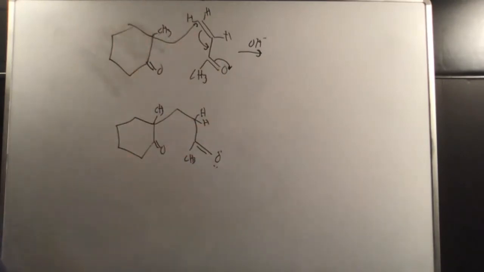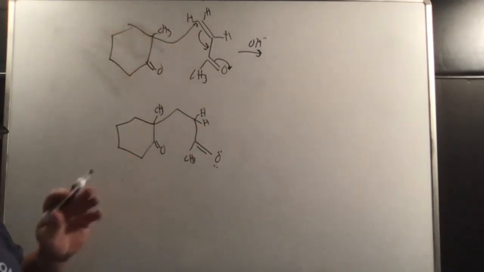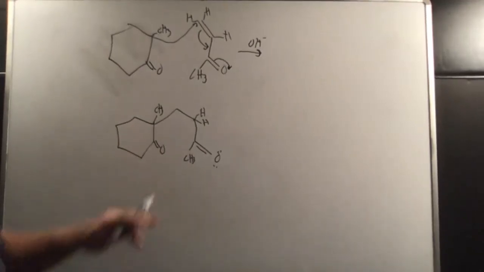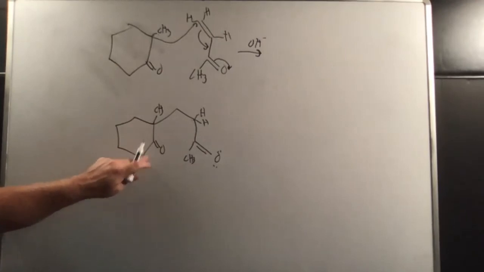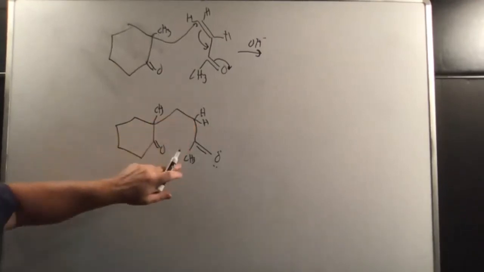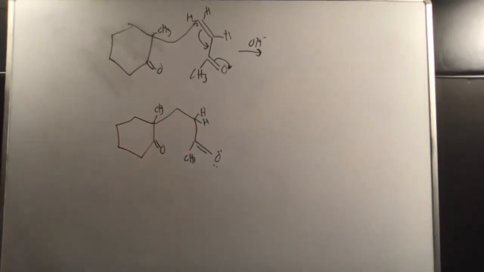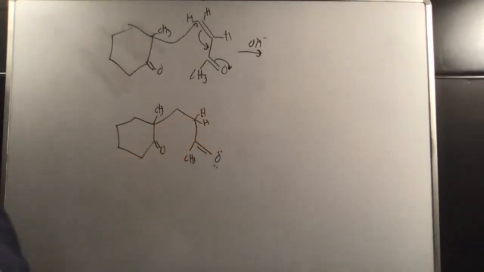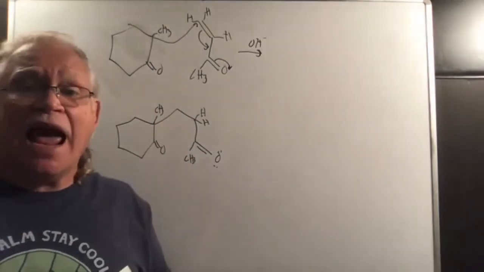Nothing amazing there. Now the next step is we're going to deprotonate this again. Now we could deprotonate here, we could deprotonate here, or we could deprotonate here. It turns out that deprotonating here or here doesn't allow anything to happen.